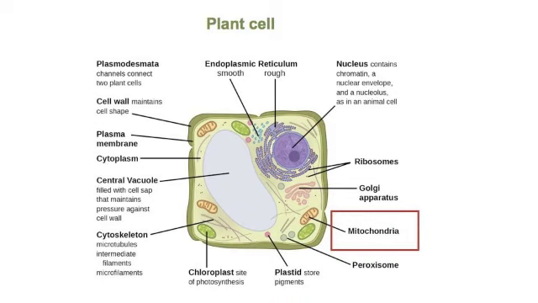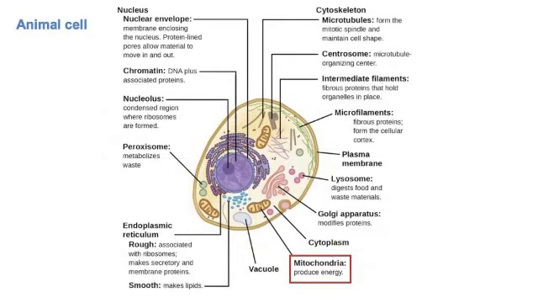The chloroplast is going to be the site of photosynthesis, and the mitochondria is going to be the site of cellular respiration. And here we see the animal cell, and what the animal cell lacks is the cell wall and the chloroplast. However, the animal cell does have mitochondria that produces energy via the cellular respiration process.